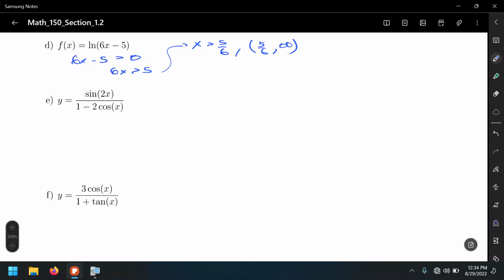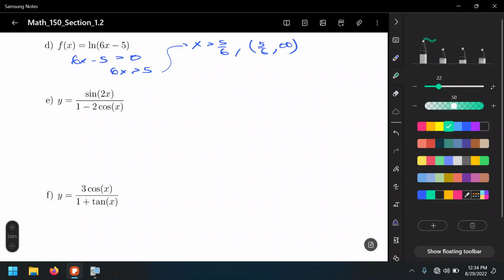However, as an overall function, there are issues with the domain, so we want to make sure that 1 minus 2 cosine x is not 0, because what happens if that quantity is 0? It becomes undefined.